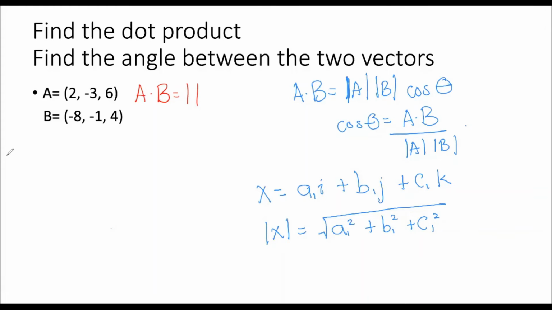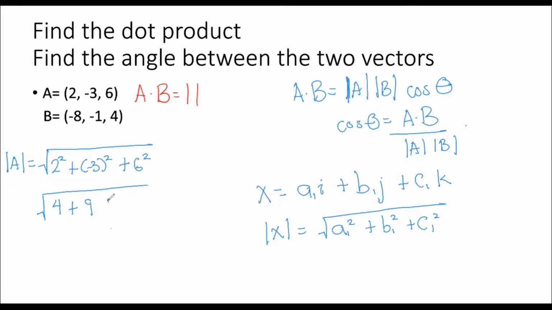So for our vector a, we have square root of 2 squared plus minus 3 squared plus 6 squared. 2 squared is 4, plus minus 3 squared is 9, and 6 squared is 36. 4 plus 9 gives us 13, and plus 36 gives us 49, so we have root 49.